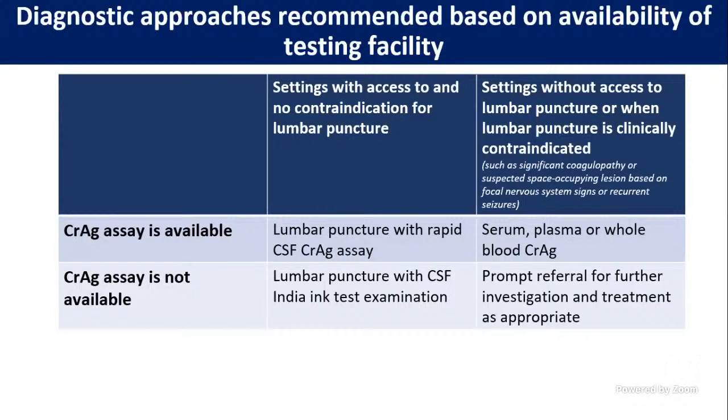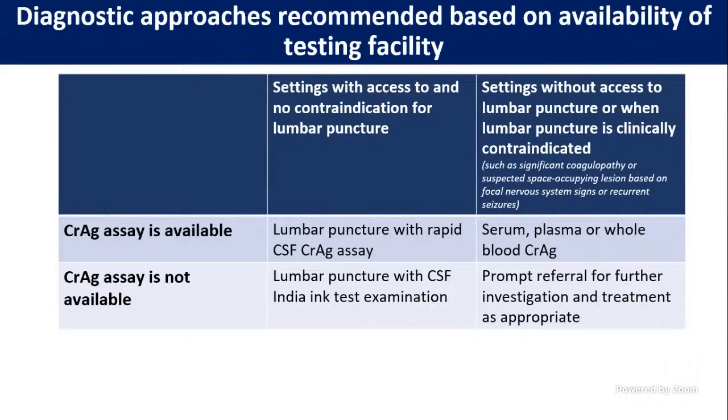So if one of our ART center patients is in such a situation, where you are suspecting cryptococcal meningitis, yet you do not have access to lumbar puncture, yet you can still think the patient could be having cryptococcosis, the simplest thing to do is a serum or blood or plasma CRAG, which is there on the right hand side of the column.